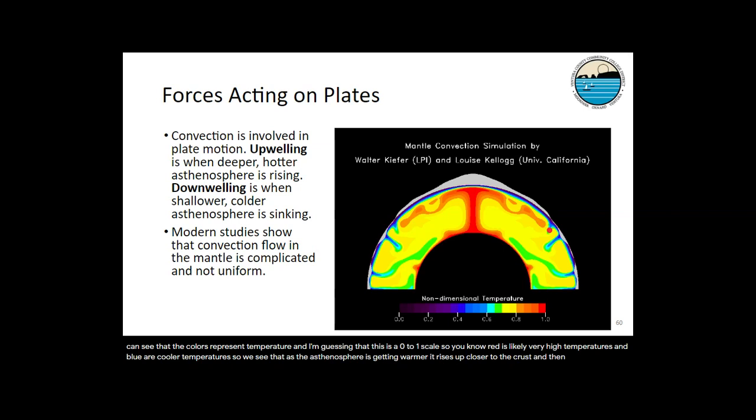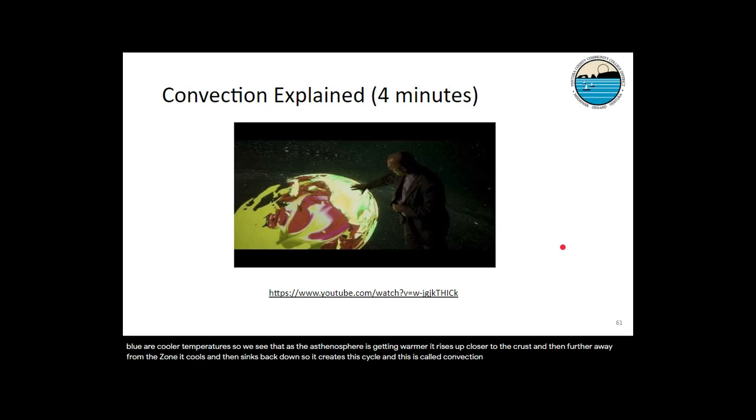And then further away from the zone, it cools and then sinks back down. So it creates this cycle, and this is called convection. So let's watch a video about how they model convection and where the science is going to explain convection.